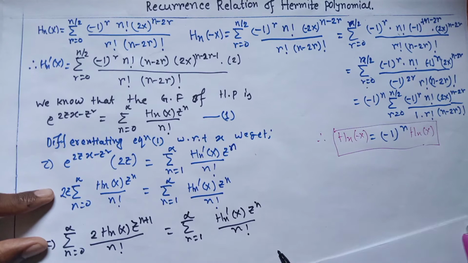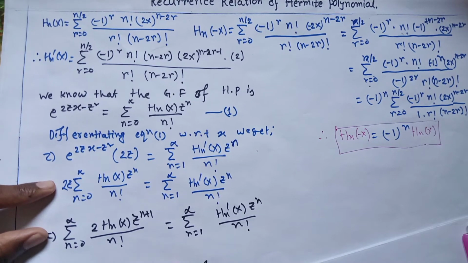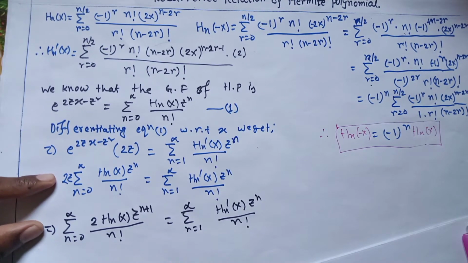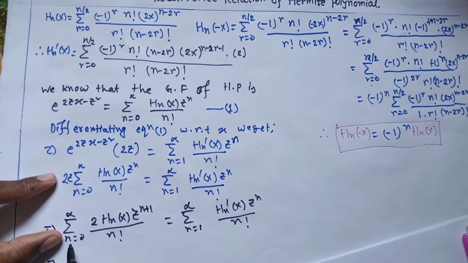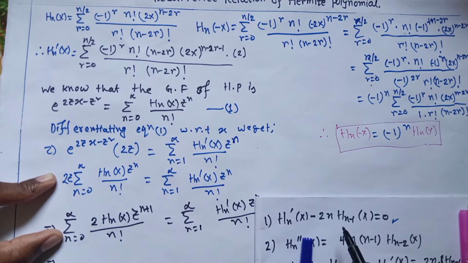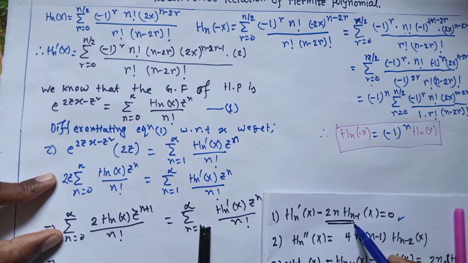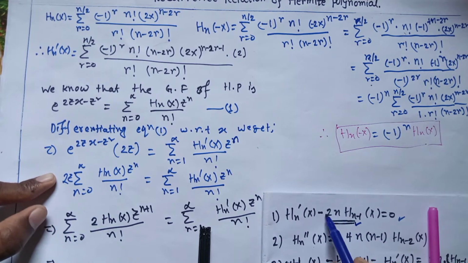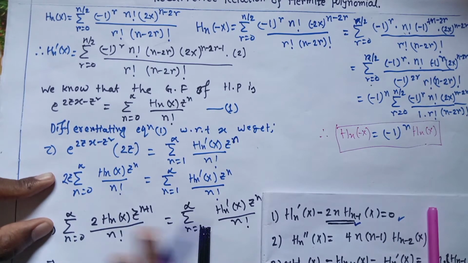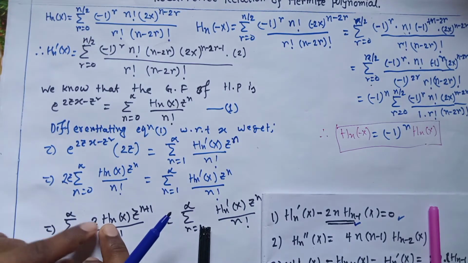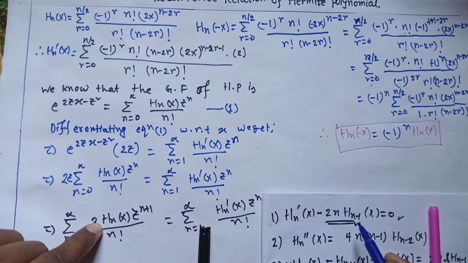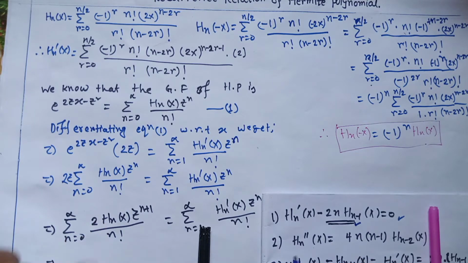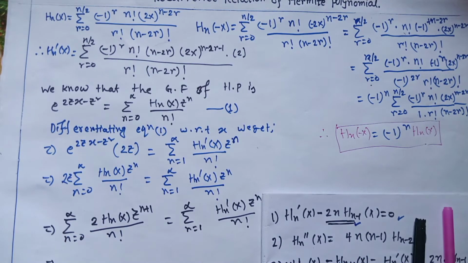Okay, now we take n equals n minus 1, because my equation is 2n Hn minus 1, so we take n for n minus 1.